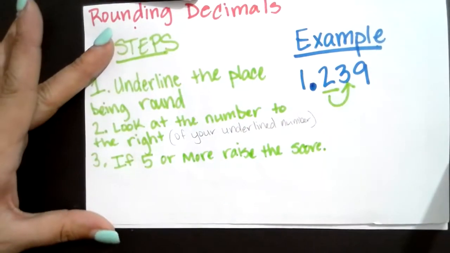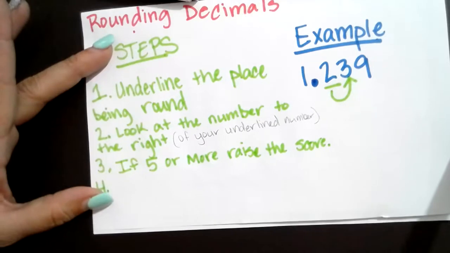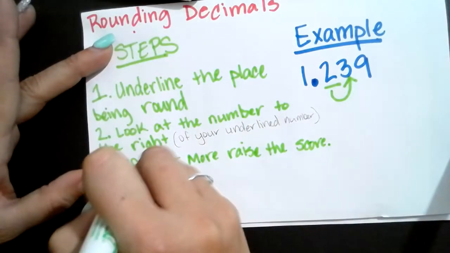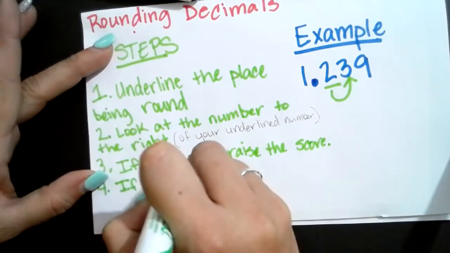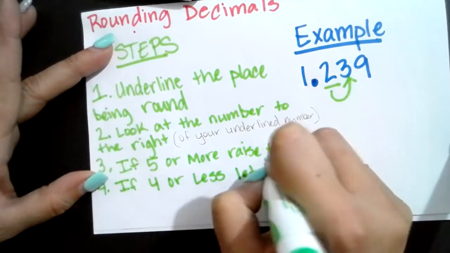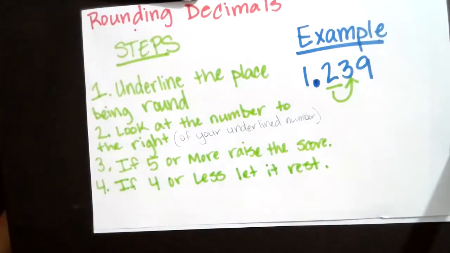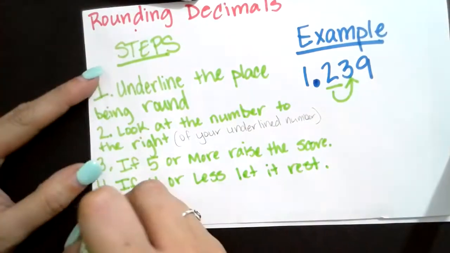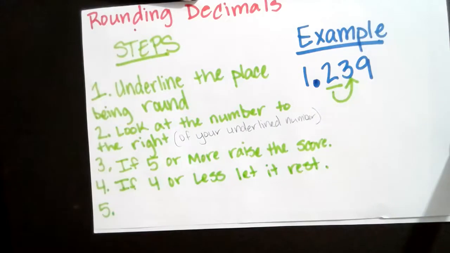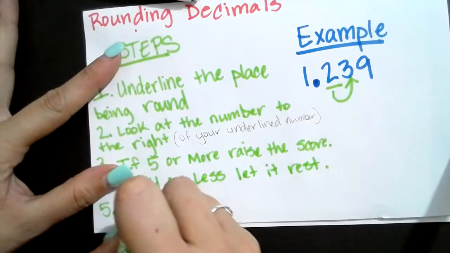Step 4 would be 4 or less, let it rest. If 4 or less, let it rest. And then the last step, step 5, would be to change all the numbers to the right of the underline to zeros.